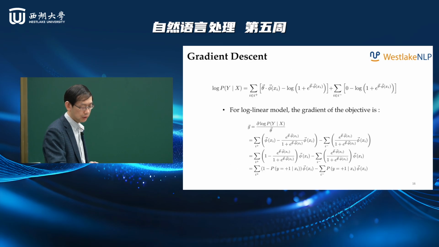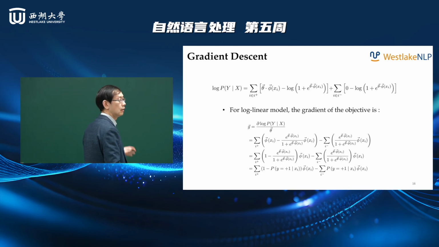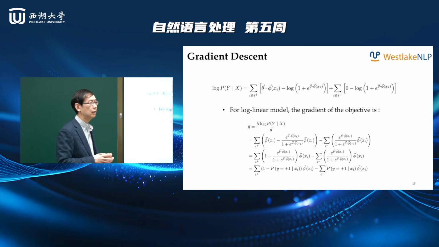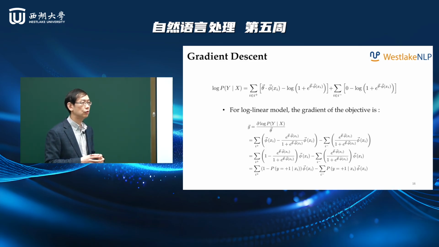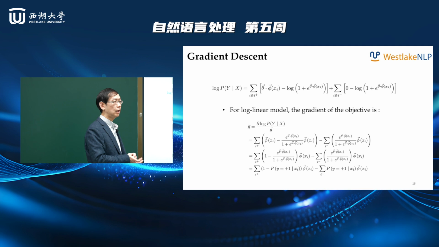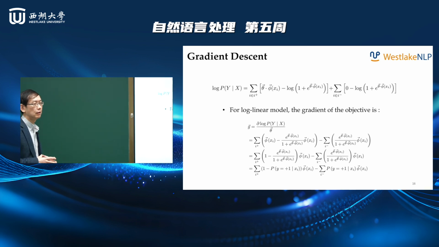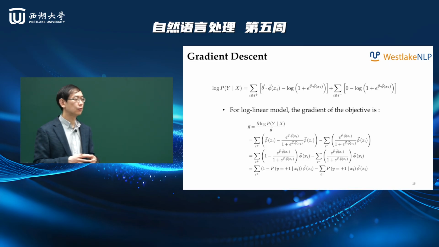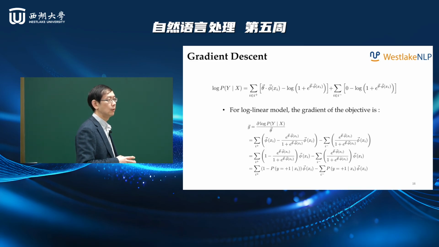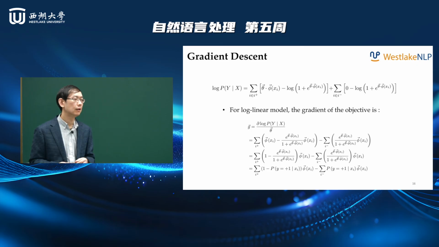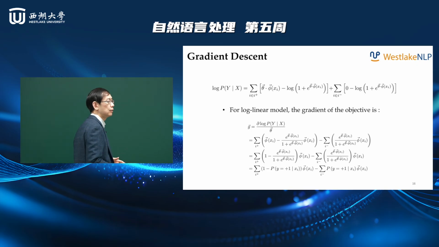Our objective function is written here, one equation. And we want to change theta to find its optimal point. So why don't we just take the gradient? In week 3, we used to take the gradient and find the analytical solution.